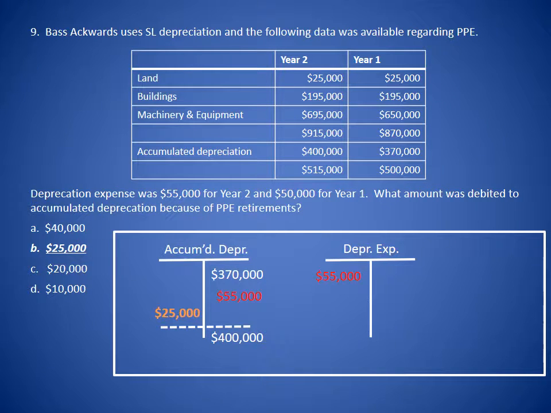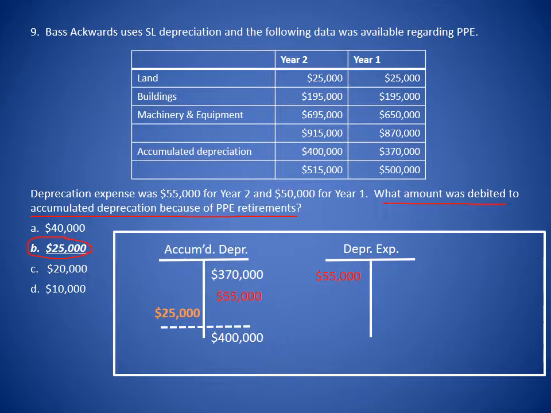Okay, the question for number 9 was, what amount was debited to accumulated depreciation due to plant, property, and equipment retirements? And the answer in this case will be $25,000. And for me, the easiest way to account for these relationships is to use the T accounts that are involved in these transactions.